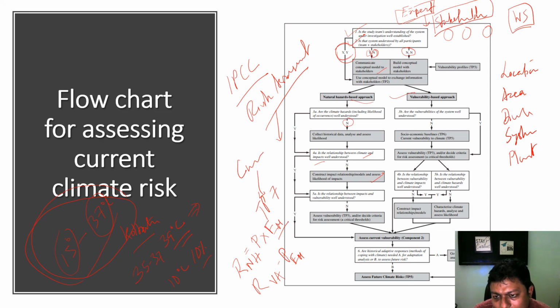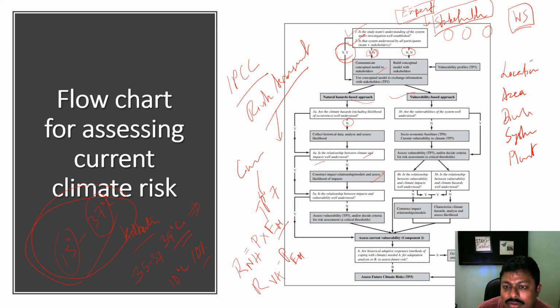After doing all these things, you have to ask another question about the historical adaptive response. What adaptive methods were followed in that location to avoid this risk, right? If there are well established adaptive measures, then you can go for future climate risk. But if there is no such thing, then you have to prepare the adaptive measures also.